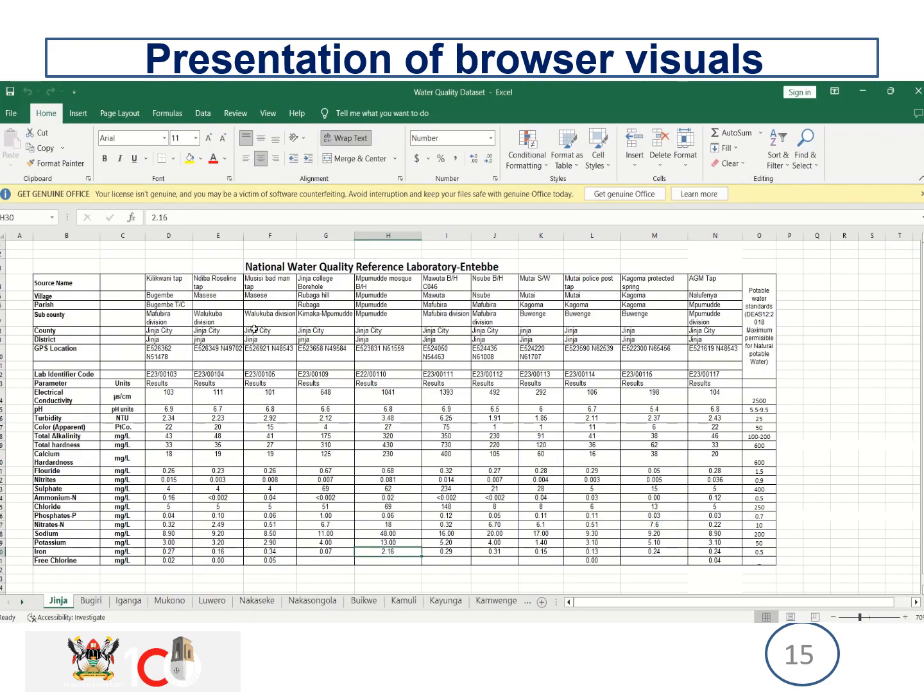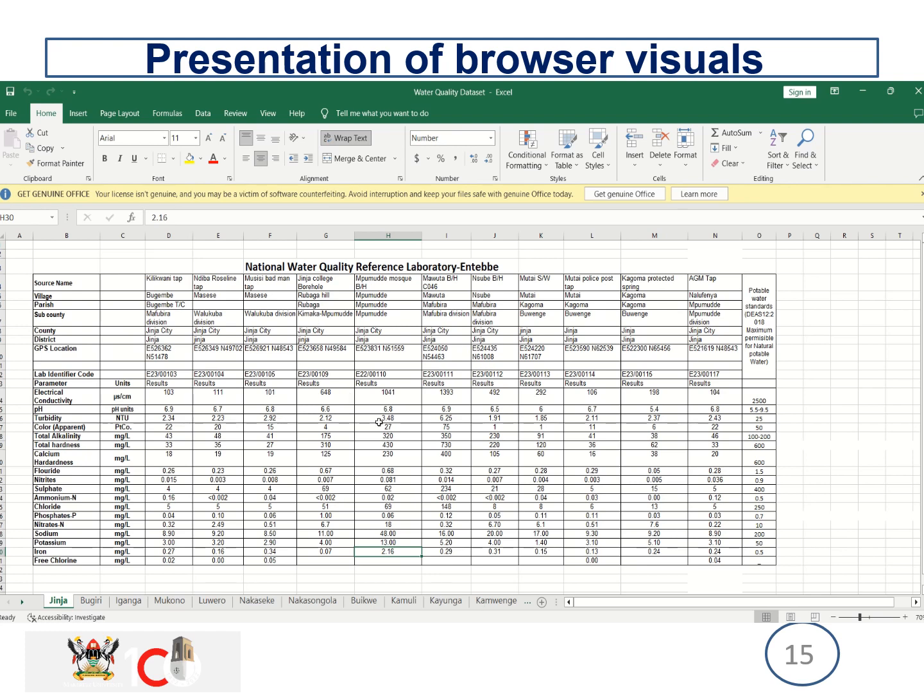This data set has up to 16 districts, and in each district there are variables that were looked at, like the village, the parish, the sub-county, county, district, and then the geolocation, plus other water components like the pH, the electrical conductivity, stability, and so many other parameters.